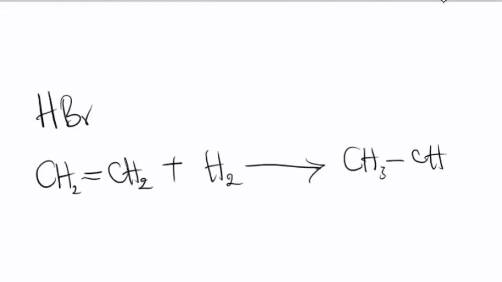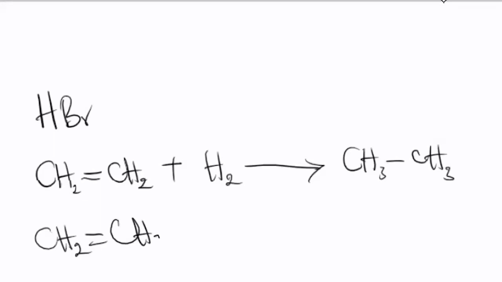And what's this compound? Ethane. So this is an example of an addition reaction. So what if I have, let's say, CH2, okay, from the example I've given, let's say I have this plus the hydrogen bromide.